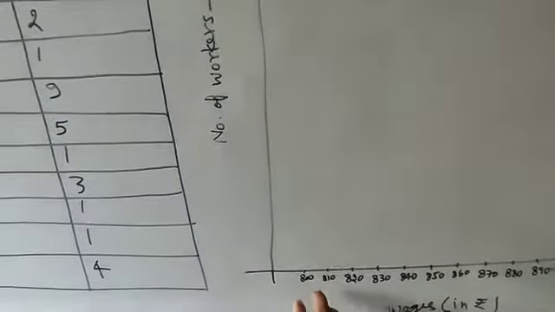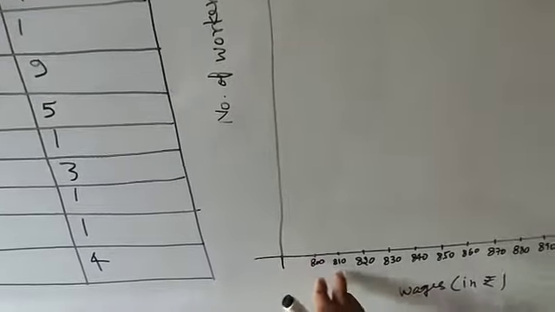On the graph sheet you will get a 1 centimeter distance. So here 800, 810 and you will represent up to 900, because the value is given up to 900.